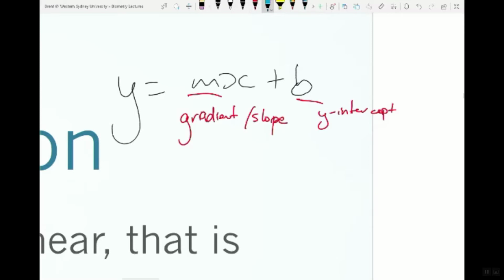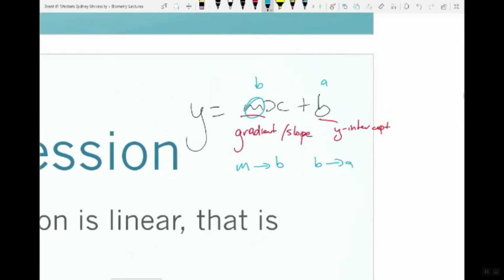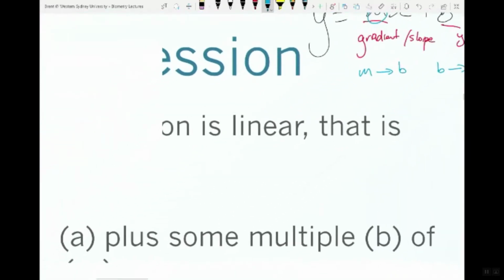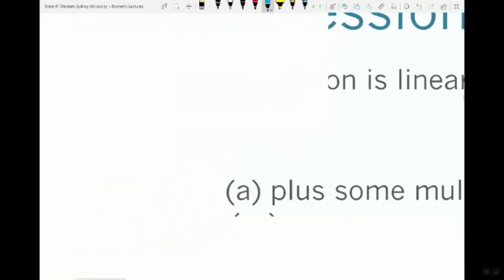Now, if that's what you came across in high school, this is going to be awkward because now we're going to call m b, and b is going to be called a, okay? So the m here is now going to be called b, and the b is going to be called a, all right? Obviously, makes a lot of sense. So if you didn't do it in high school, you're actually at an advantage because you don't have all that different notation floating around in your head.